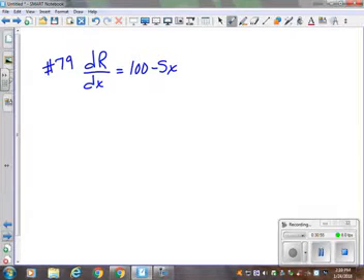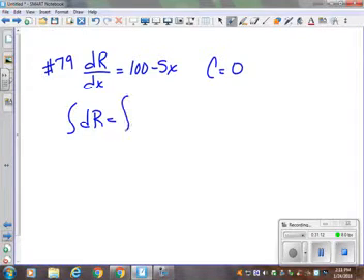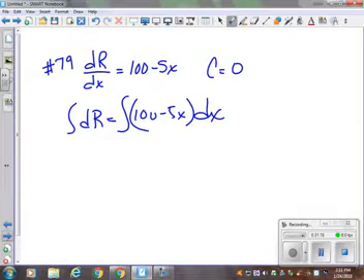So there won't be a C on this problem because C is equal to 0, because you don't have any money coming in since you haven't started yet. Trying to figure this out pretty great, though. All right, so dR equals 100 minus 5x dx is what we're integrating to find our revenue formula.